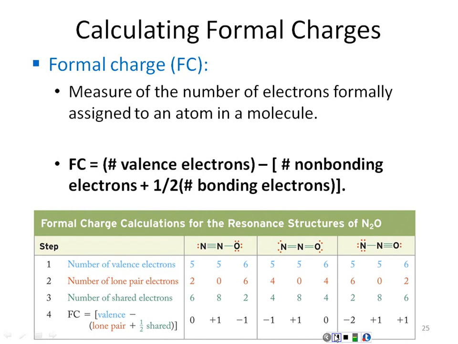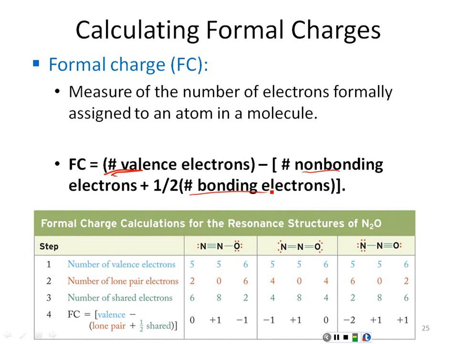The formal charge is a measure of the number of electrons formally assigned to an atom in a molecule. How you calculate the formal charge is you first take the number of valence electrons in an atom, and then you subtract the quantity of the number of non-bonding electrons in the atom as the structure is drawn, plus 1/2 of the number of bonding electrons in that drawn structure.